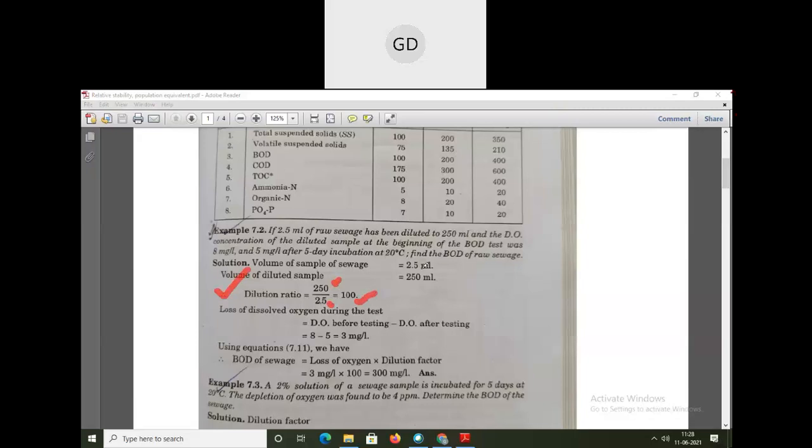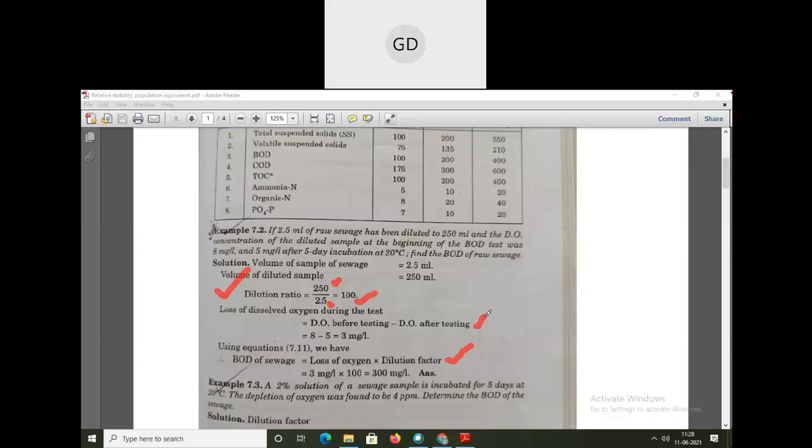Okay, after getting the dilution ratio, you have to put it in the BOD formula, which is: loss of oxygen multiplied by dilution factor. But now you don't have the loss of oxygen value. So how to find out the loss of dissolved oxygen? You subtract the DO after the testing from the DO before the testing.